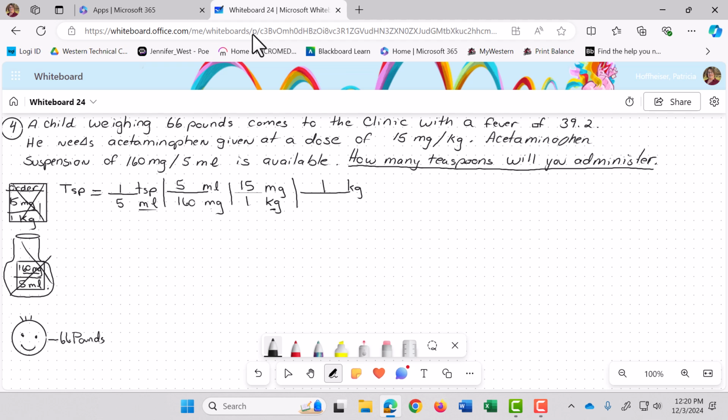It's 1 kilogram is equal to 2.2 pounds. Okay. Multiplication, fraction bar. Pounds is on the bottom, so pounds must go on the top. What do we have in our problem? Is there pounds anywhere in our problem? And I take them back to their child. How much does your child weigh? Your child weighs 66 pounds, invisible 1 on the bottom.